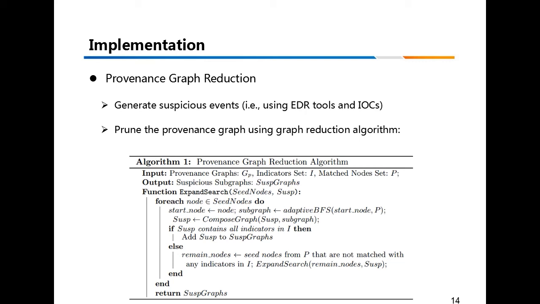We first generate suspicious events. Then, based on them, we prune the provenance graph using a graph reduction algorithm. This graph reduction algorithm is basically an adapted BFS algorithm, which keeps the suspicious events.